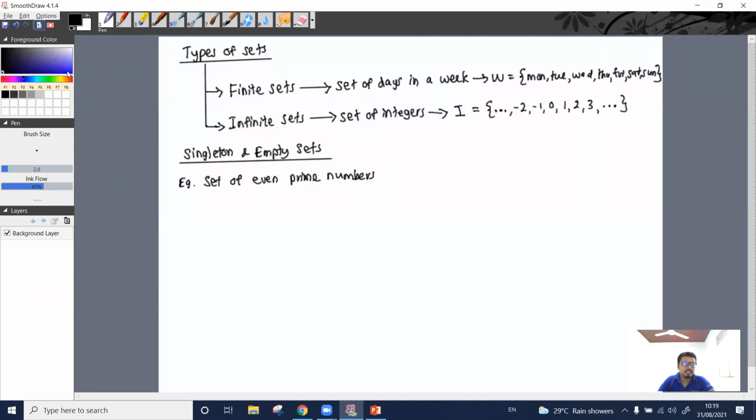How can we represent this set? Set of even prime numbers. ප්‍රථමක සංඛ්‍යාවක් වෙන්නත් ඕන, even number එකක් වෙන්නත් ඕන. ඒක ඉරට්ටේ වෙන්නත් ඕන. But even prime number.